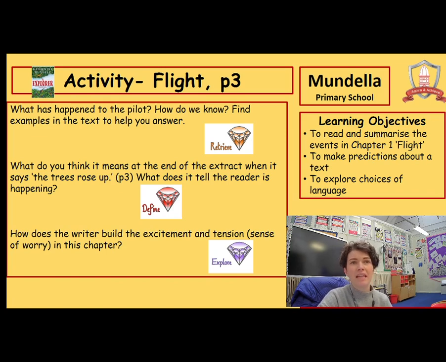What do you think it means at the end of the extract when it says the trees rose up? What does it tell the reader is happening? And how does the writer build the excitement and tension, which is like the sense of worry in this chapter? So you can see there 3 questions relating to 3 different skills: retrieve, define and explore. Pause the video now and write down your ideas. Good luck!